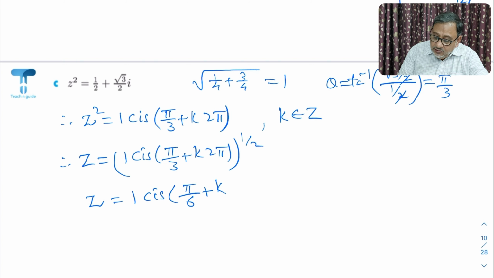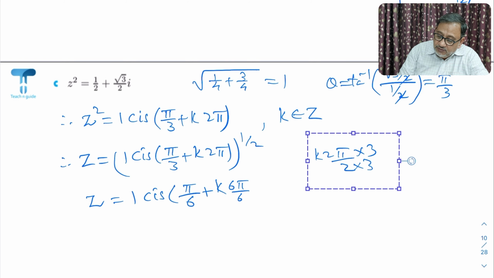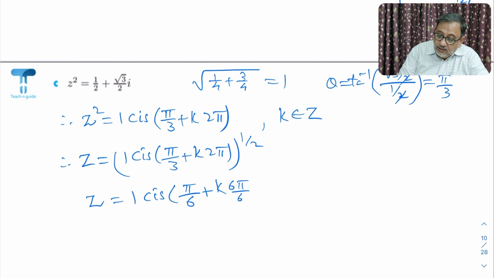So I can write 6 pi by 6 because it was k into 2 pi by 2 and I want 6 in the denominator, so I will multiply by 3, so that 6 pi by 6. It will be easier for me to calculate.